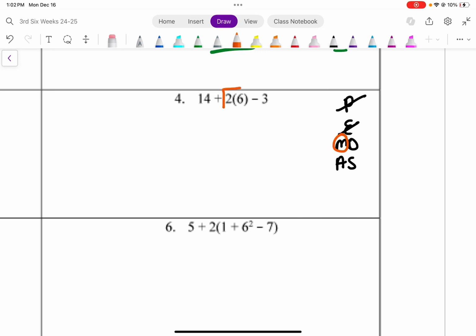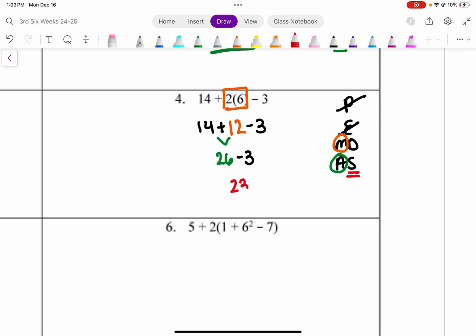Yes, there is. So 2 times 6, which is 12. I'm then going to bring everything else down. So now I'm going to work left to right. I see addition next. So 14 plus 12 is 26. I'm going to bring down the minus 3, so now we're subtracting. So then 26 minus 3 is 23.